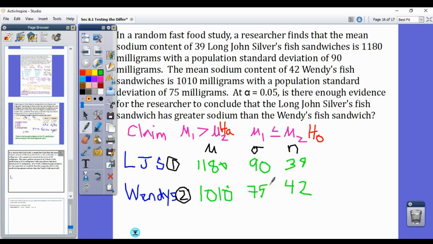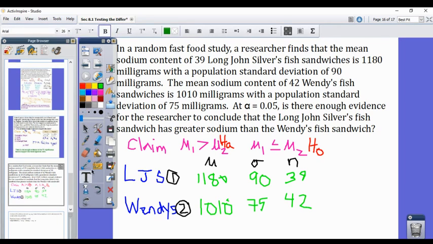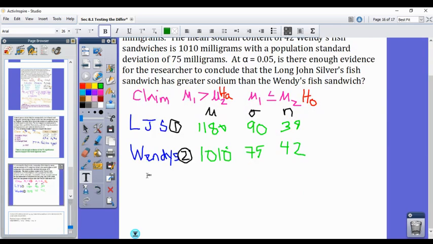Okay, so if I plug that into the calculator, I'm going to get a p-value. From my calculator, I'm getting P is equal to 1.86 times 10 to the negative 20th.